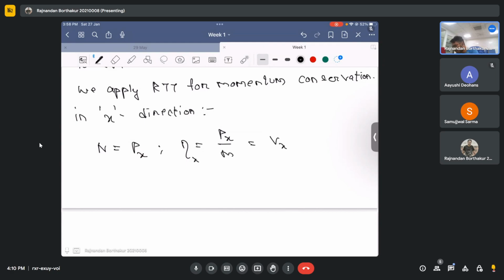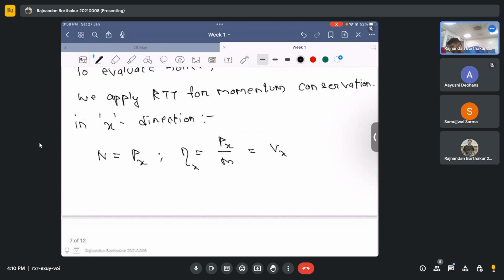Now applying RTT, for the left hand side, it becomes d/dt of px, which is the rate of change of momentum inside the control volume.